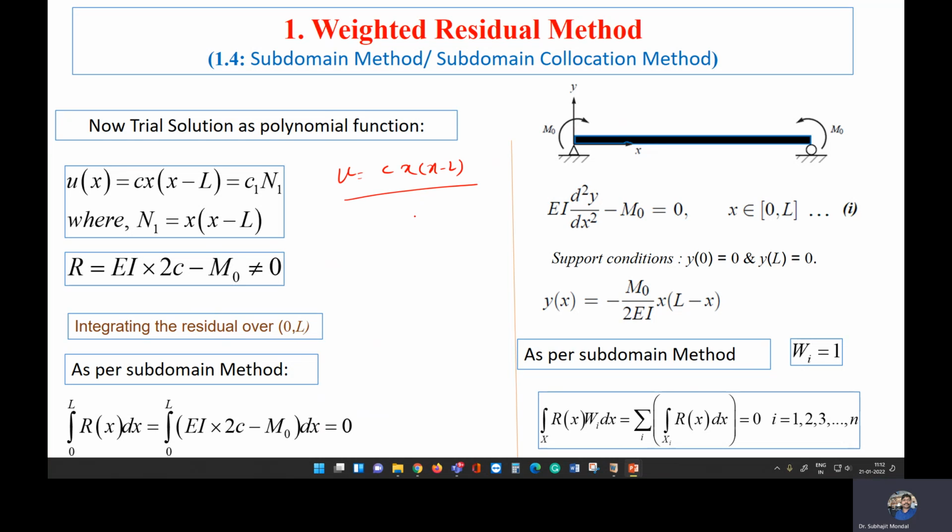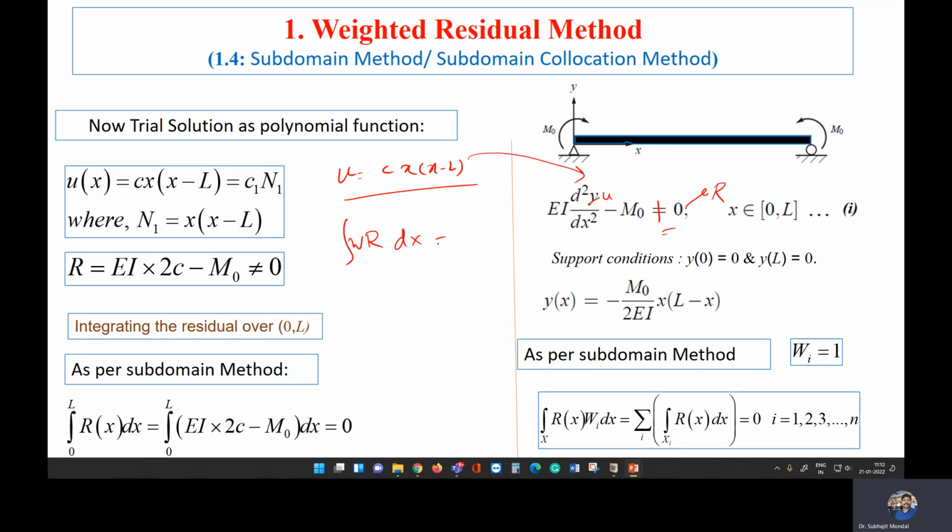Now we find the double derivative of u and put the value in the equation, with our trial solution instead of the actual solution, and this value will not be 0 now. This value we call the error, and we will find the error 0 over the subdomain in an average sense.